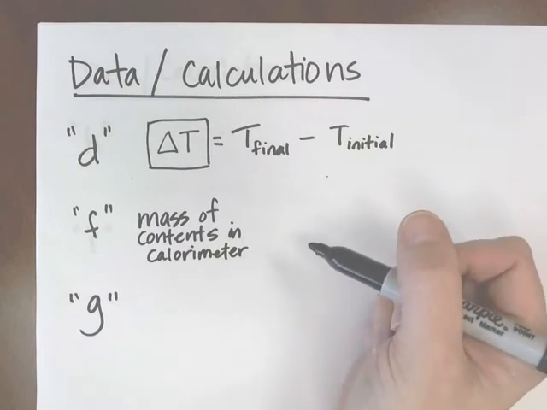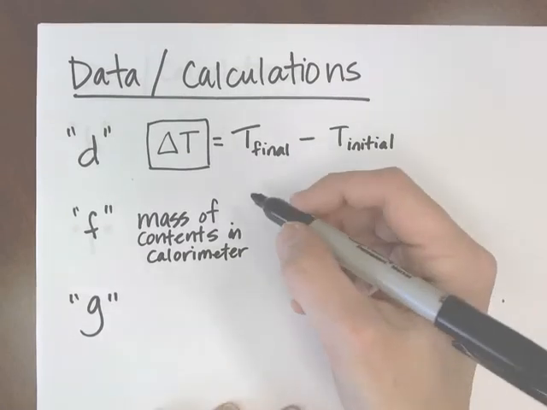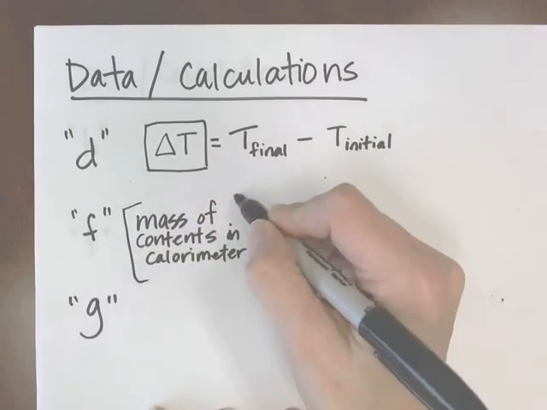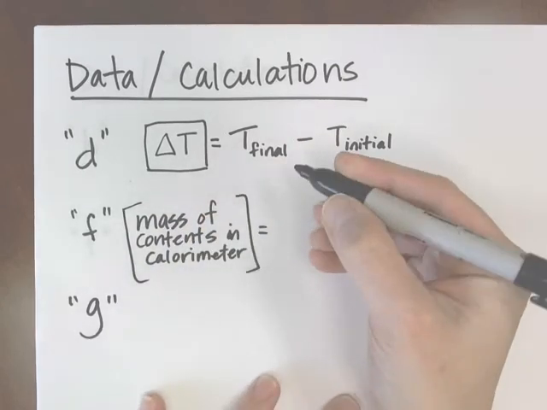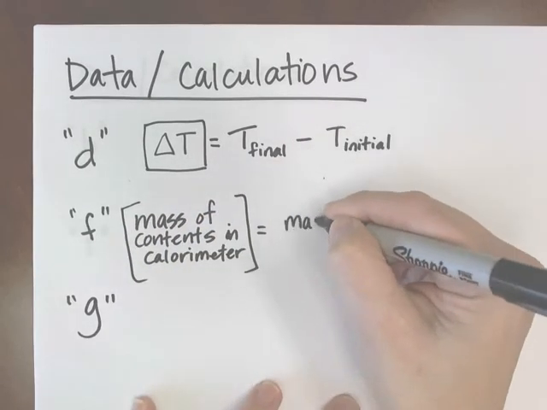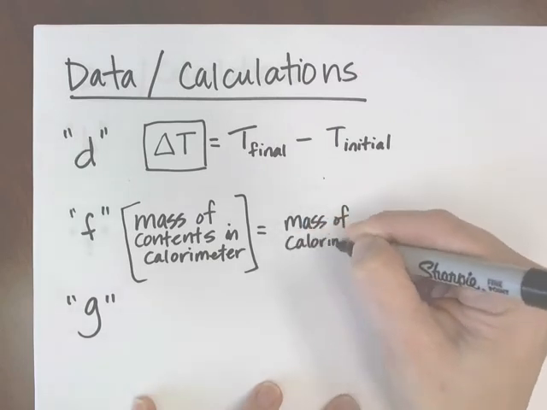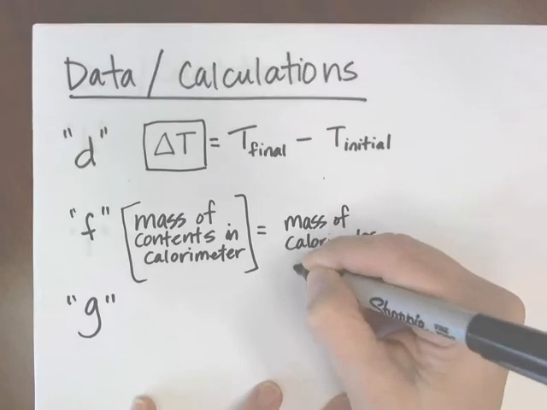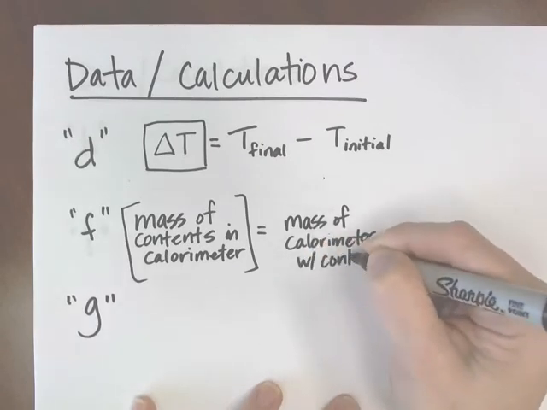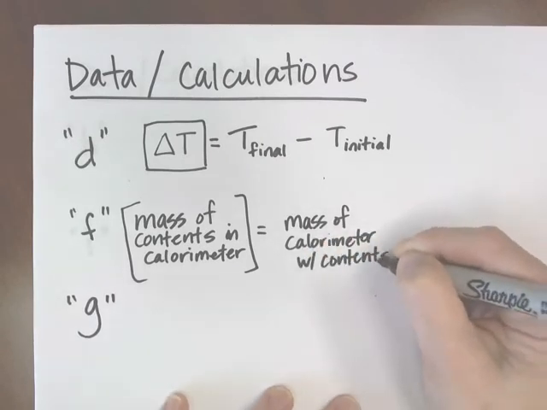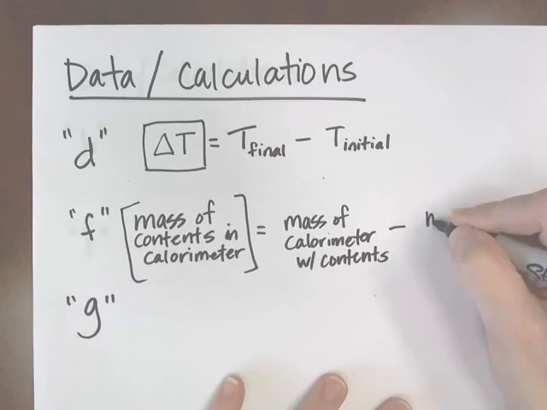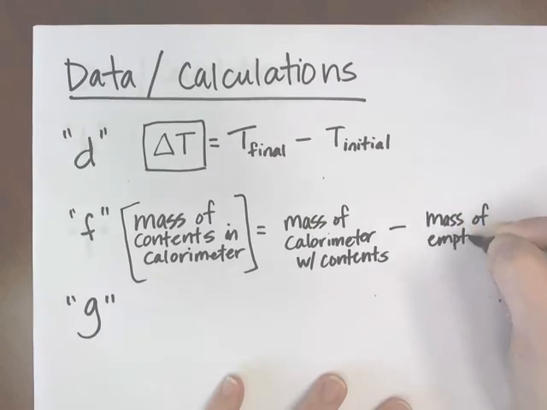Like we have to do many times when we're wanting to know how much stuff we have, we need the mass of the container with the contents, and then we do what we always do, and that is subtract out the mass of the empty calorimeter.